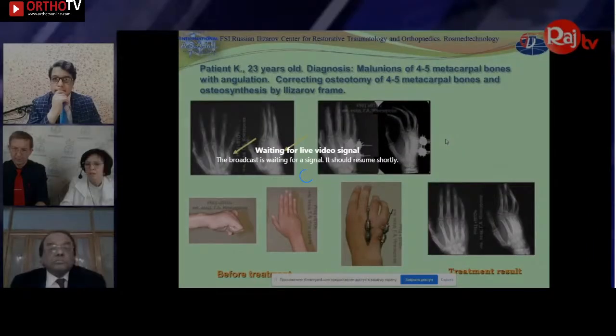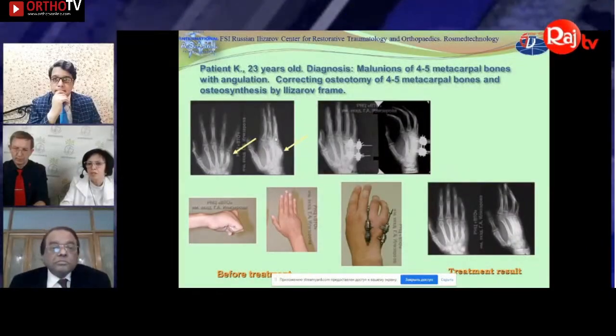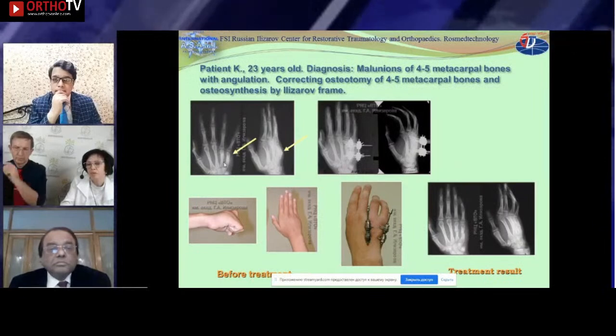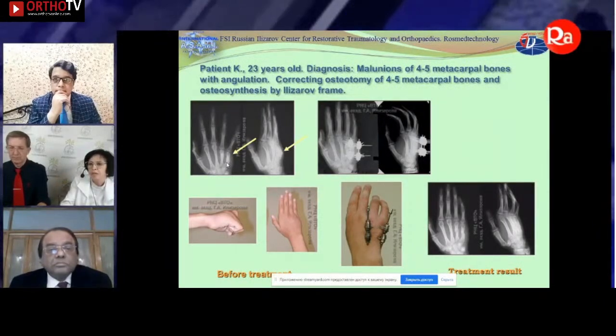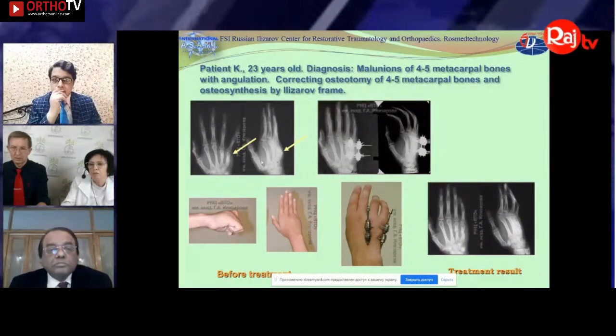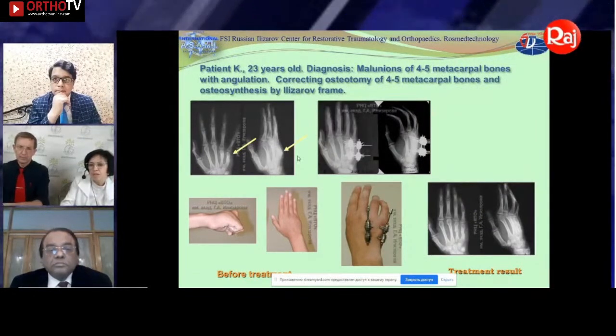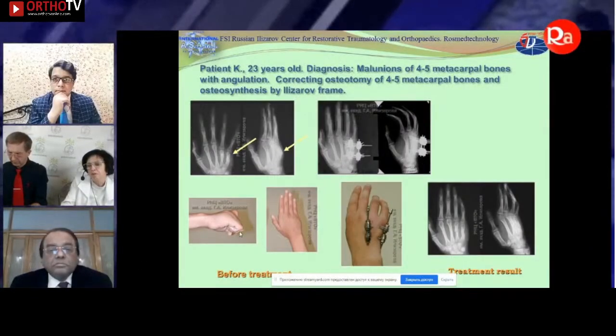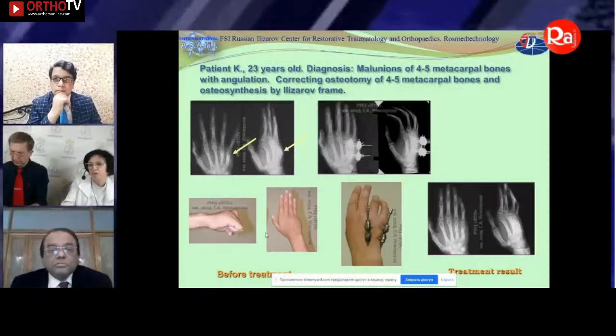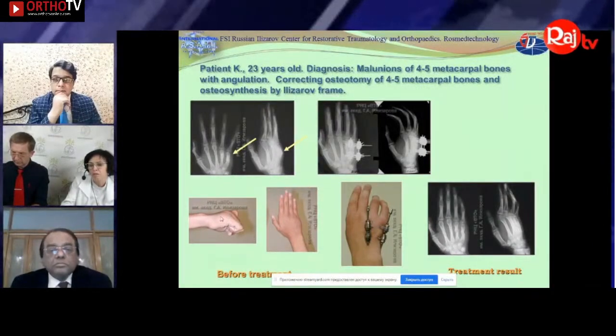Clinical experience: patients with problem of fourth and fifth metacarpal bone, malunions and deformity of this bone before operation. Photo of hand before operation.